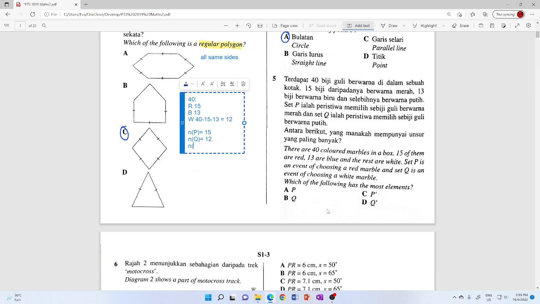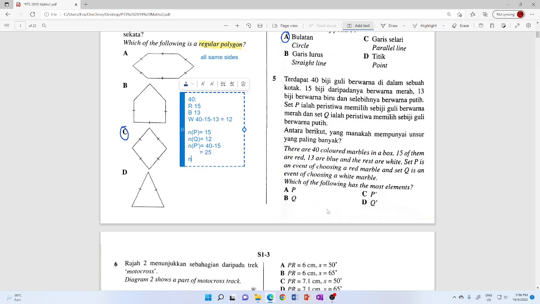And the number of elements for P prime, which is not P, everything that is not P. So you use the total minus the number of elements in P, and this equals 25.